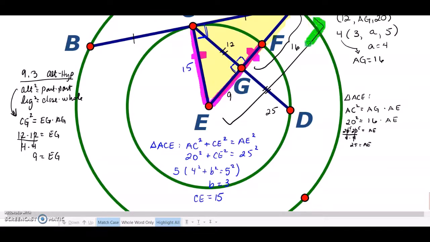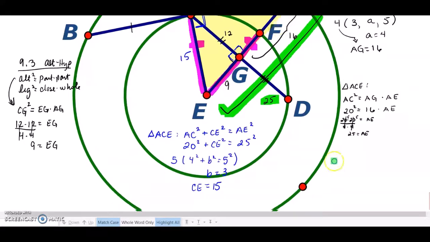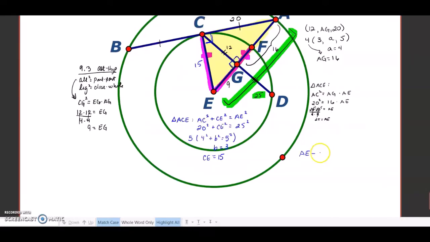So if AE is 25 and FE is 15, then AF must be 10. AF is what I'm looking for. AE is 25, FE is 15 because it's a radius, so AF must be 10.